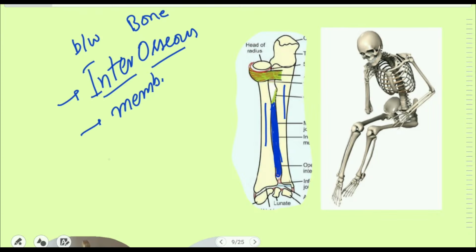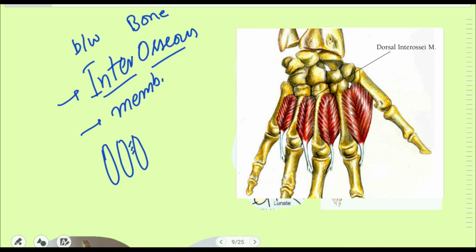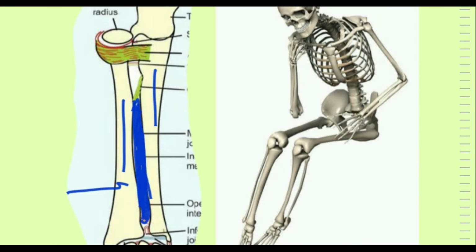Also keep in mind that in the hand and foot we have metacarpal bones and metatarsal bones, and between the metacarpal and metatarsal bones there are muscles present in between the bones. So we also label those muscles as interosseous muscles. So this was an extra point. The interosseous membrane is the typical example of syndesmosis.